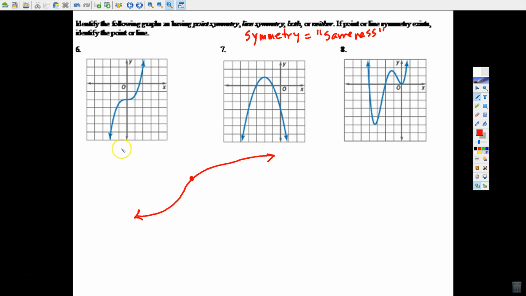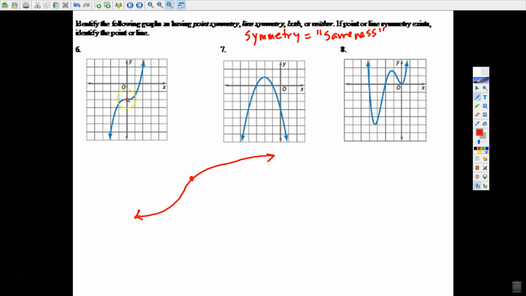Well, if there is point symmetry in a graph, that similar point exists. And you can kind of see it in this graph. This graph is coming along from the left to the right. It hits here, and then it changes, and it goes in the other direction. So we have what we would call an inflection point.